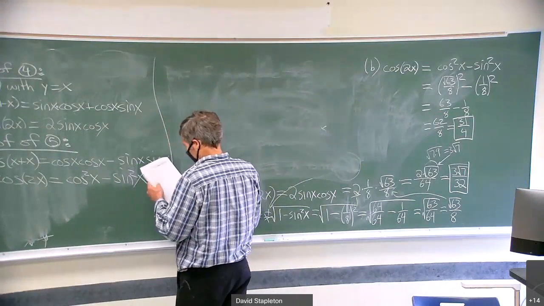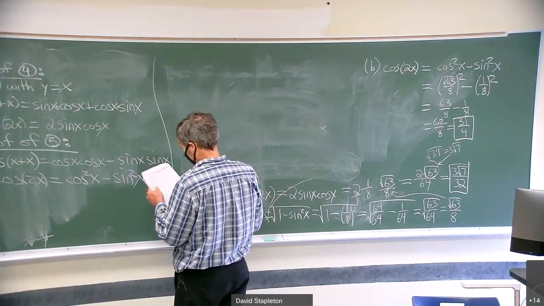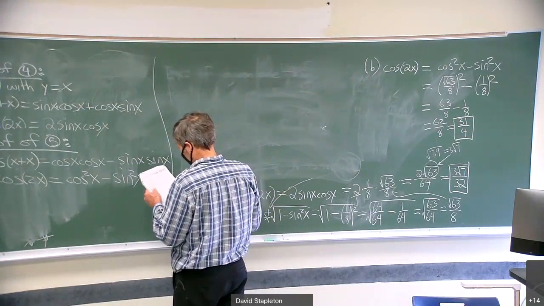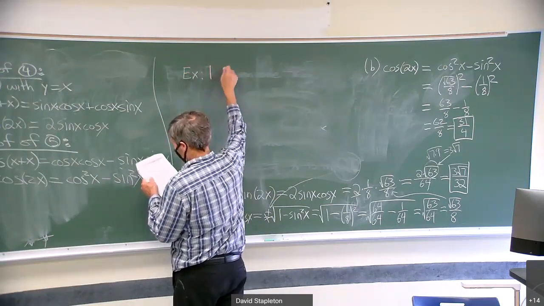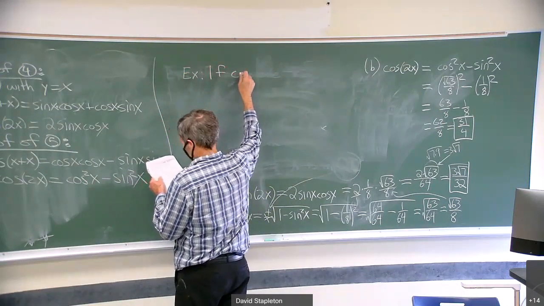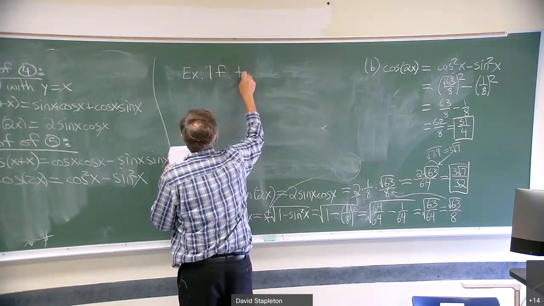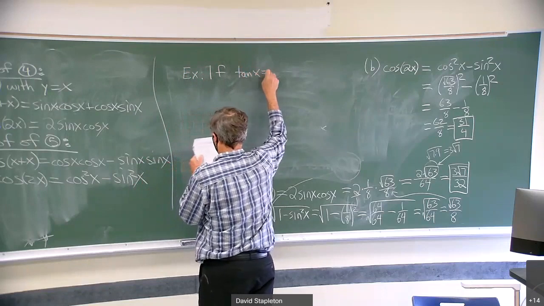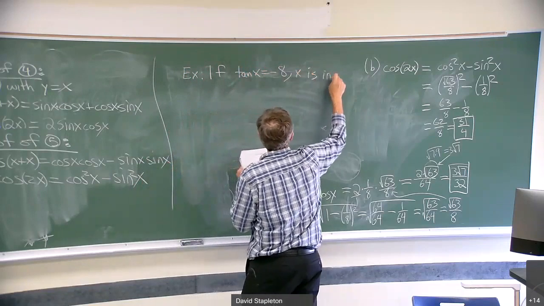Now, here's another one. Suppose that tangent of x is -8 and x is in quadrant 4.